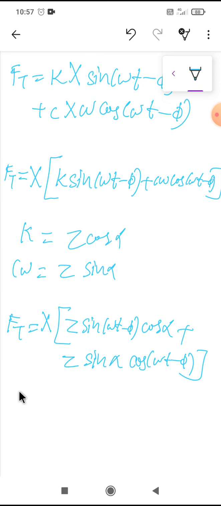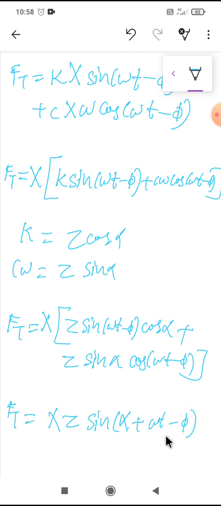So we have got the formula for sine alpha plus beta, so I can write f of t is equal to x, and again z is common, so z sine alpha plus beta formula, that is alpha plus omega t minus phi. I can also write omega t minus phi plus alpha, anything you can take, alpha or beta.